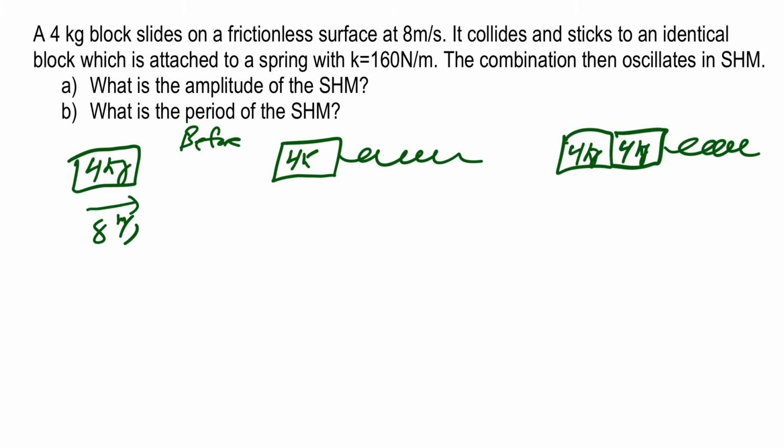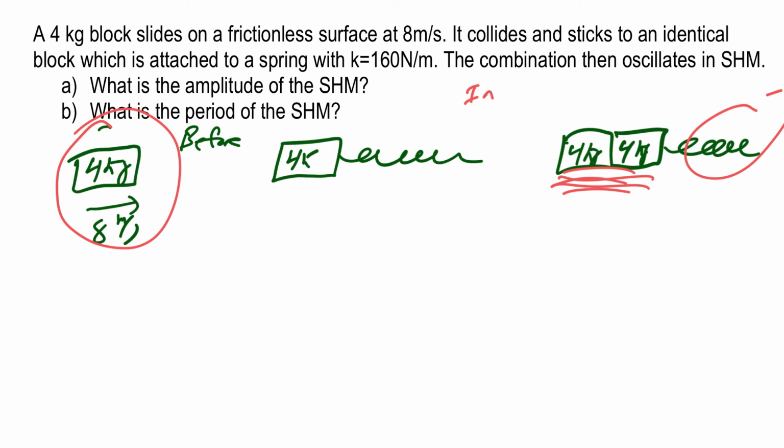So let's go over actually what not to do. What you don't want to do is basically say the kinetic energy at this point gets turned into spring potential over here. And the reason you don't want to do that is this 4 kilograms is going to stick here. When it collides and sticks, this is called a completely inelastic collision. When that happens, we're going to lose some energy.